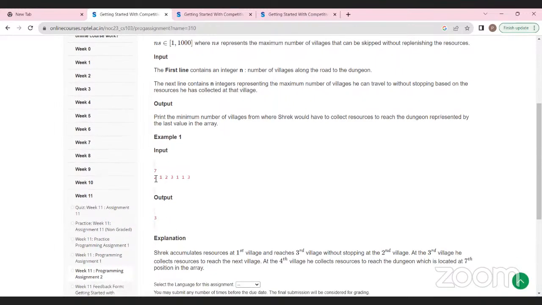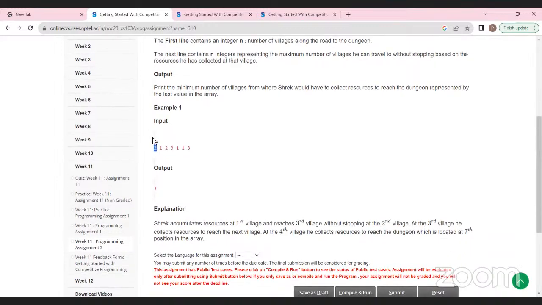So at the first village, Shrek can accumulate resources to reach the next two villages, which are the second and third village. On reaching the third village, because if he chooses one, then he can only move to the next village, but he has the option to collect more resources at the third village.